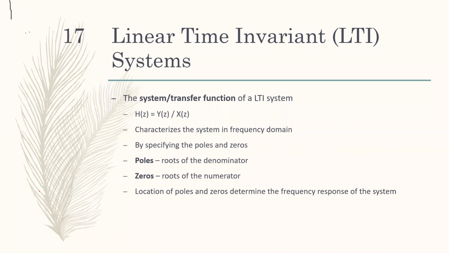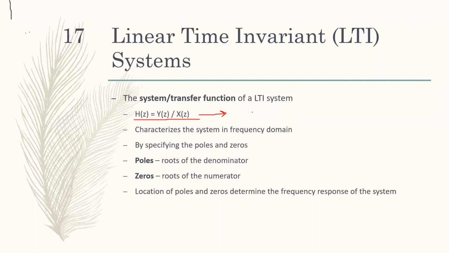If I want to know the transfer function of a given LTI system, it is obtained by the ratio between the Z transform of the output sequence to the Z transform of the input sequence. So which gives us the overall transfer function of the system. Now this is in terms of discrete.